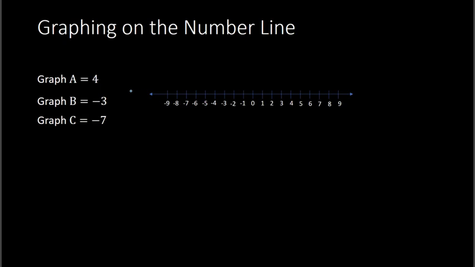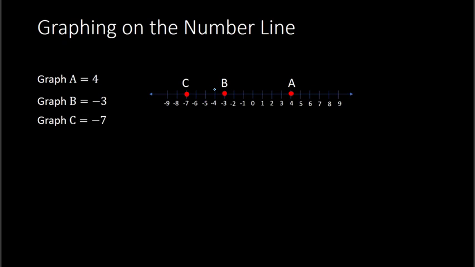Looking at 4, we find 4 on the number line, make a point or a circle, and label that as point A. -3 is over here, so put a point at -3, and that is point B. Same thing for C. We find -7, which is right here, and we label that as point C.